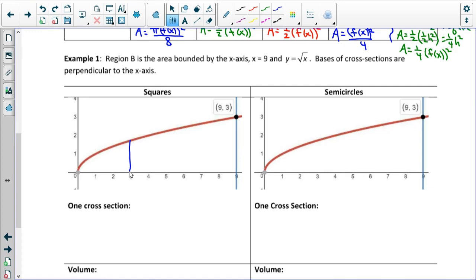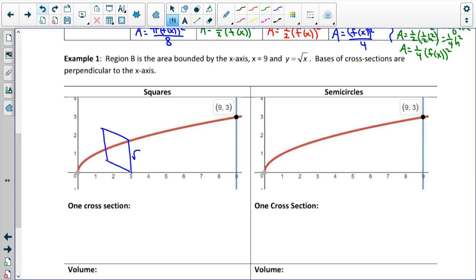So I'm going to have a shape that basically ends up with a bunch of slices that are perpendicular to the x-axis, and each of these slices is going to produce a square. And drawing this is very hard, so I apologize in advance. But if, let's say, I'll draw one at 3, I have a square that's popping out of the paper.